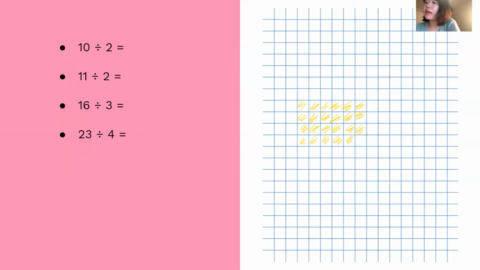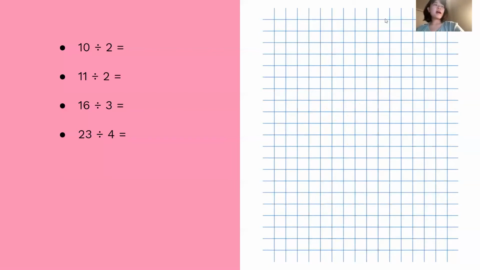And we have a rectangle right here. And the width for this rectangle is 4. And the length is 1, 2, 3, 4, 5. And we have 3 extra squares. So our quotient, which is the length of the rectangle, equals 5. And the remainder is 3. So 23 divided by 4 equals 5, remainder 3.